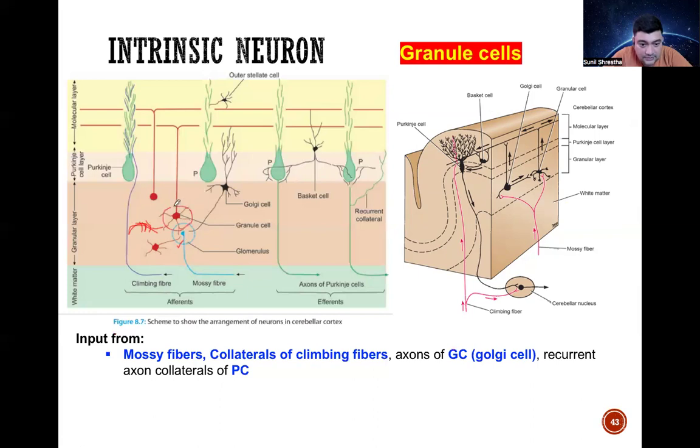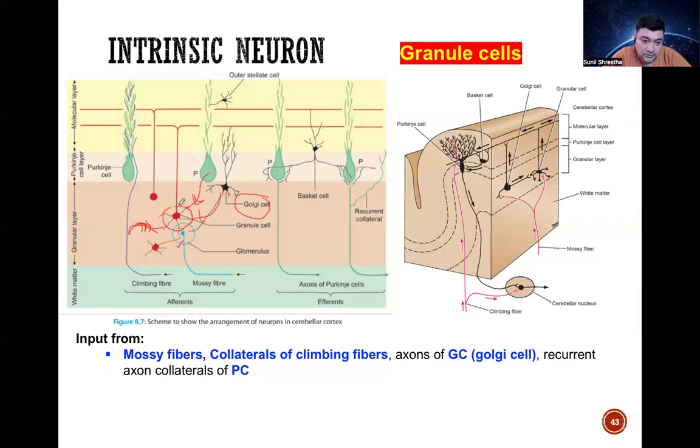Other inputs are the axons coming from the Golgi cells, and some recurrent axons coming from the Purkinje cell. They also form input for the granule cell layer.